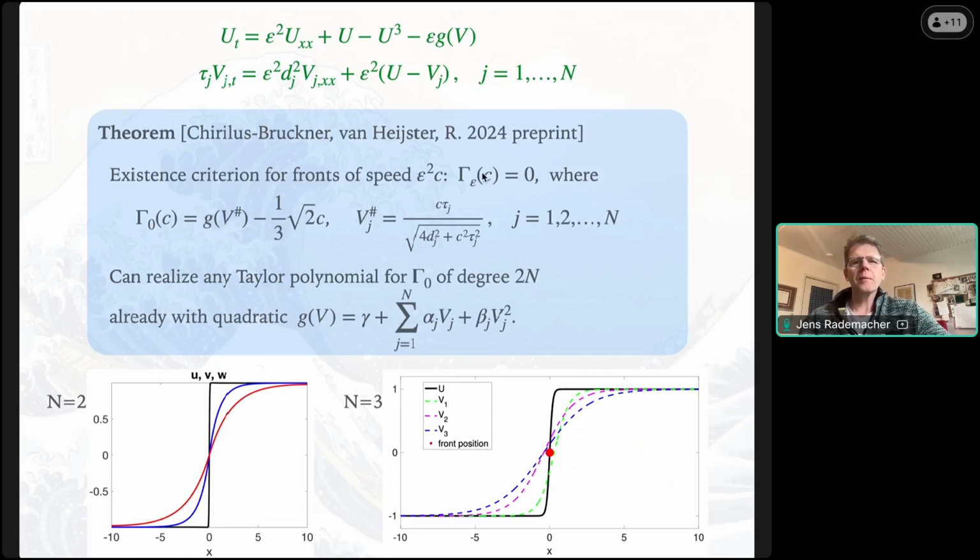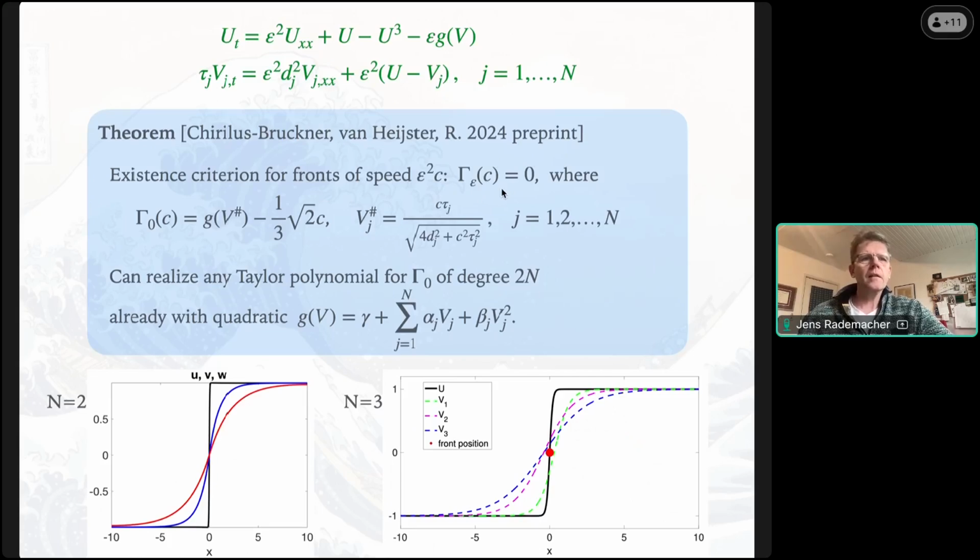And this is what this theorem here says, that the existence criterion for fronts of this small speed is equivalent to solving an algebraic equation called capital gamma with an index epsilon for the parameter epsilon that depends on this velocity parameter c. And whenever you solve this algebraic equation, you are guaranteed to have a front solution.